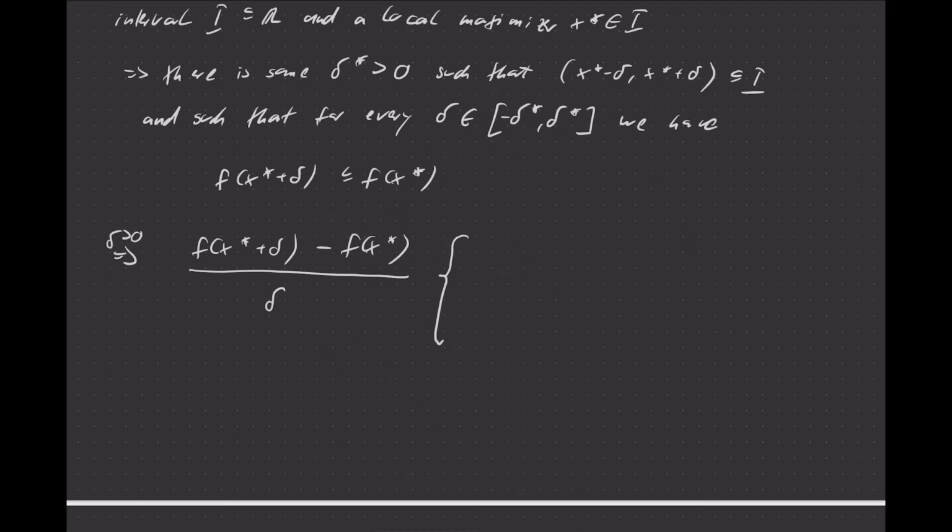If delta is positive, then this division doesn't change the sign, so this here being less or equal to 0, the whole thing is still less or equal to 0. On the other hand, if we divide an inequality by something negative, then the inequality sign flips. So if delta is negative, then instead of less or equal to 0, we'll get a greater or equal to 0.